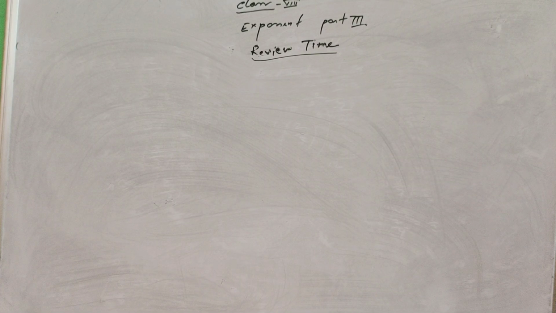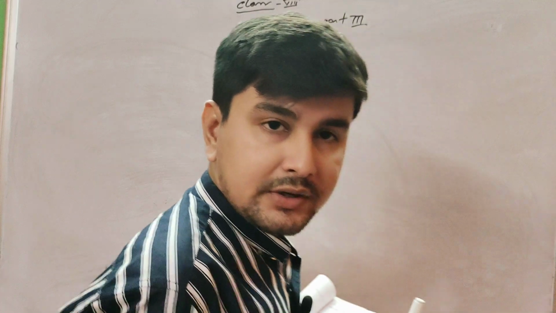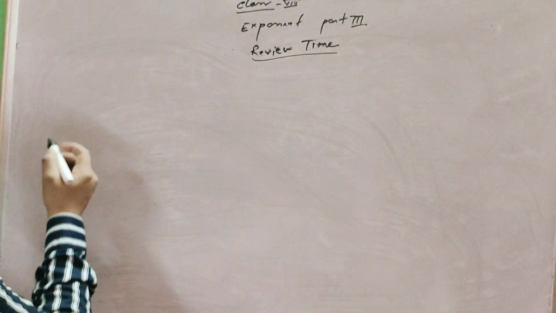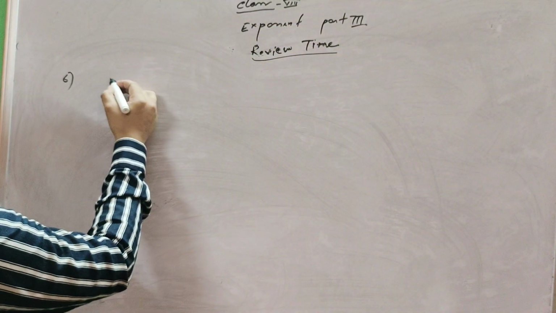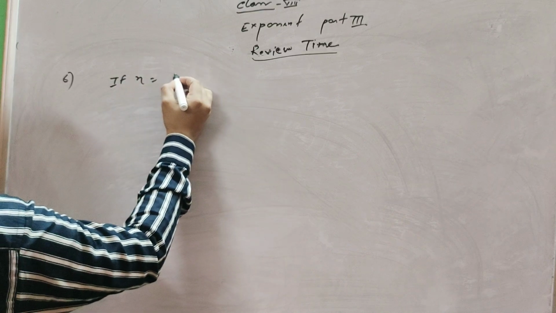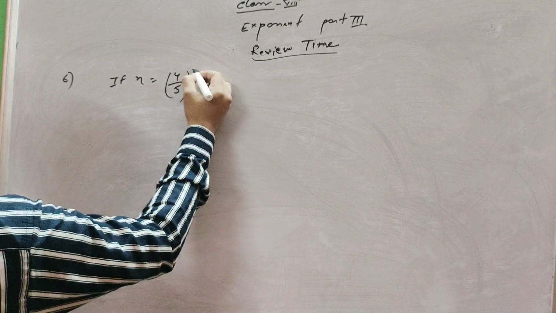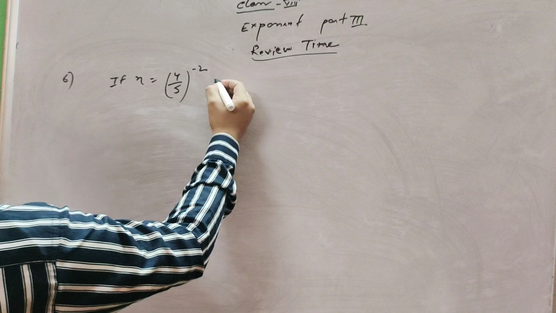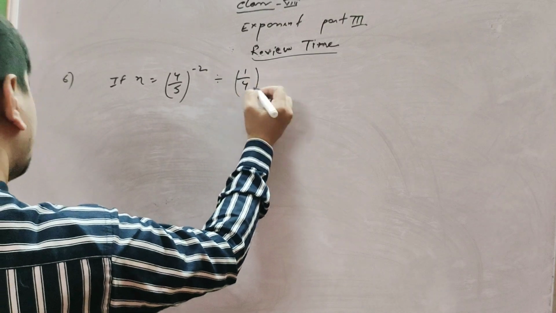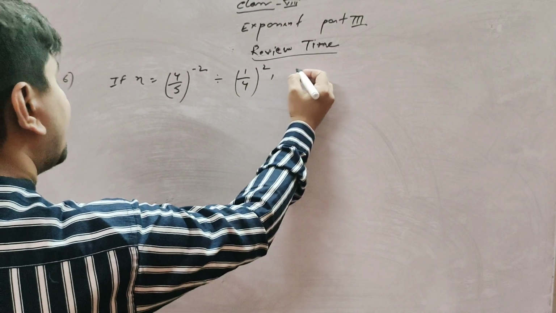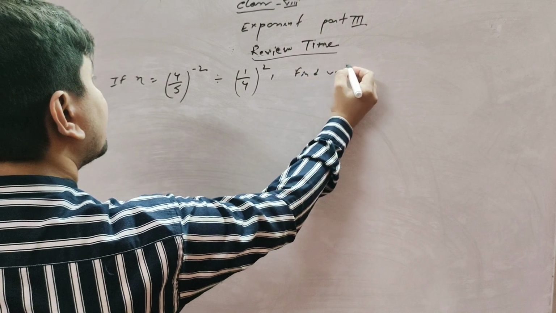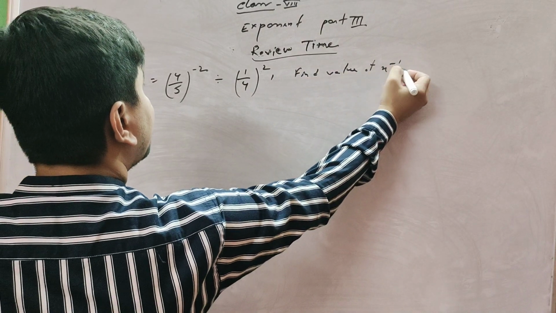Okay, last question from this exercise, then your exponent chapter is totally completed. Okay, question number 6. If x equals to 4 upon 5 to the power minus 2 divided by 1 upon 4 to the power 2, find the value of x to the power minus 1.